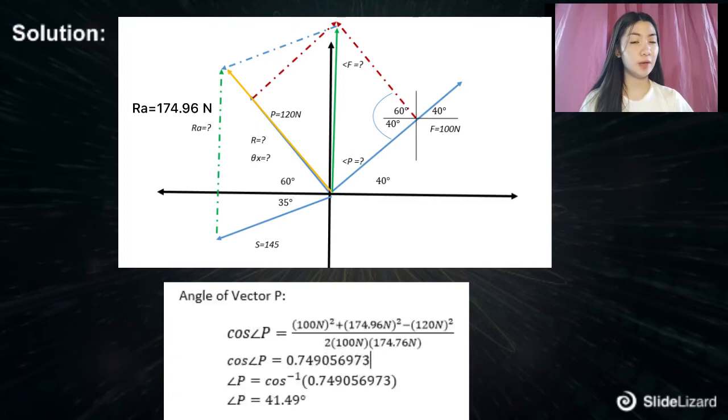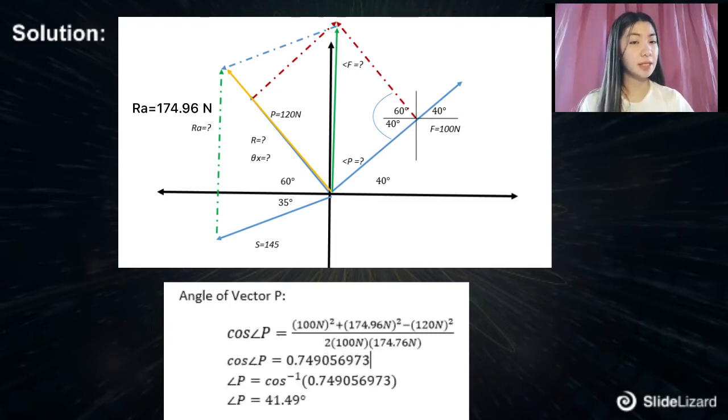To get the value of angle of vector P, use the formula of angle, which is cosine A equals B squared plus C squared minus A squared divided by 2 times B times C. Then substitute: cosine angle P equals 100 Newton squared plus 174.96 Newton squared minus 120 Newton squared divided by 2 times 100 Newton times 174.76 Newton.